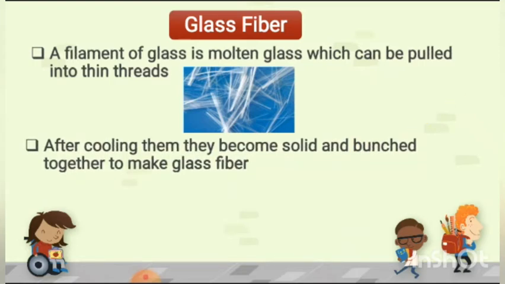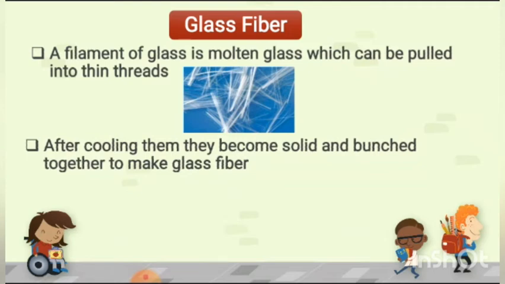A filament of glass is molten glass which can be pulled into thin threads. After melting, they are in a thread-like structure, and after cooling they become solid. They will take their shape and bunch together to make glass fiber. Bunched means they are in a group form, collected like a bunch.